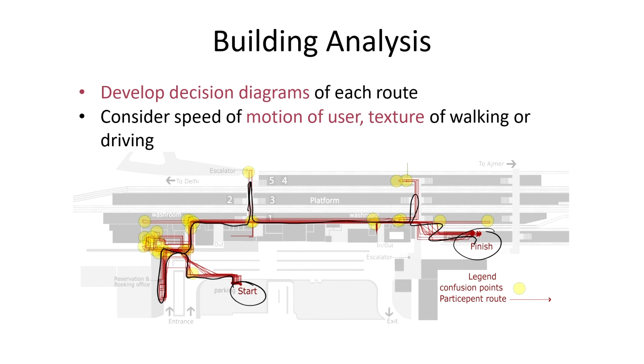There are many people who got confused due to some signage issues. If you see carefully, the yellow circles are the confusion points. That means those are the points where they need to decide and they got confused due to some reasons.